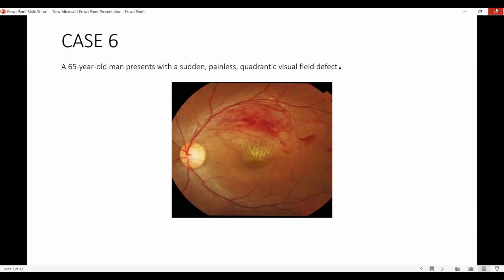If it's center involving, we can give NSAIDs, ma'am, and observe. Monthly evaluation is needed, looking for any NVI or NVE to suspect neovascularization.